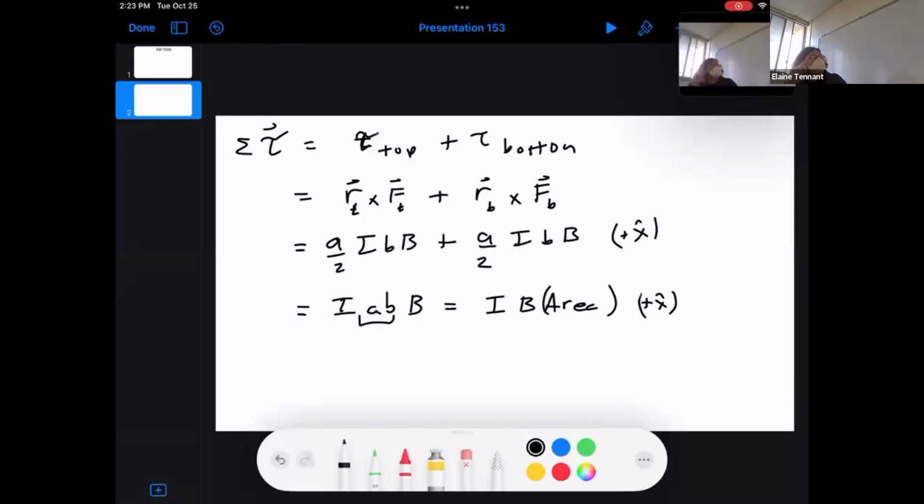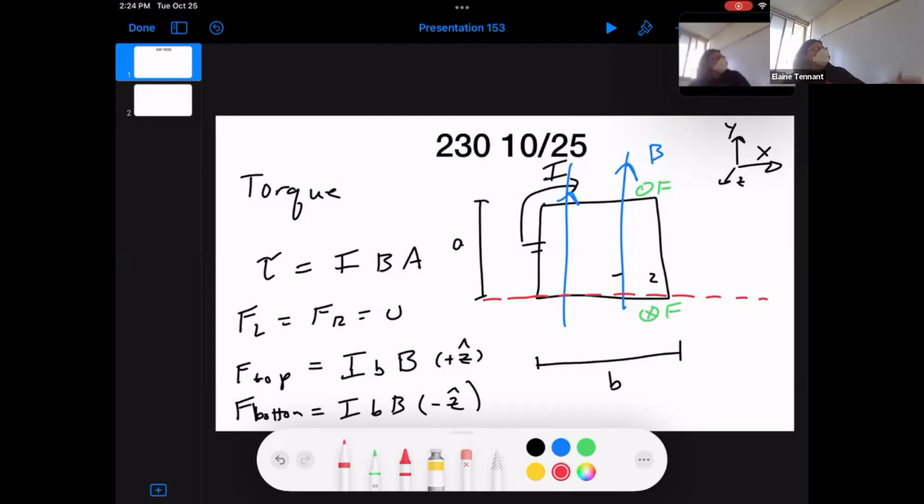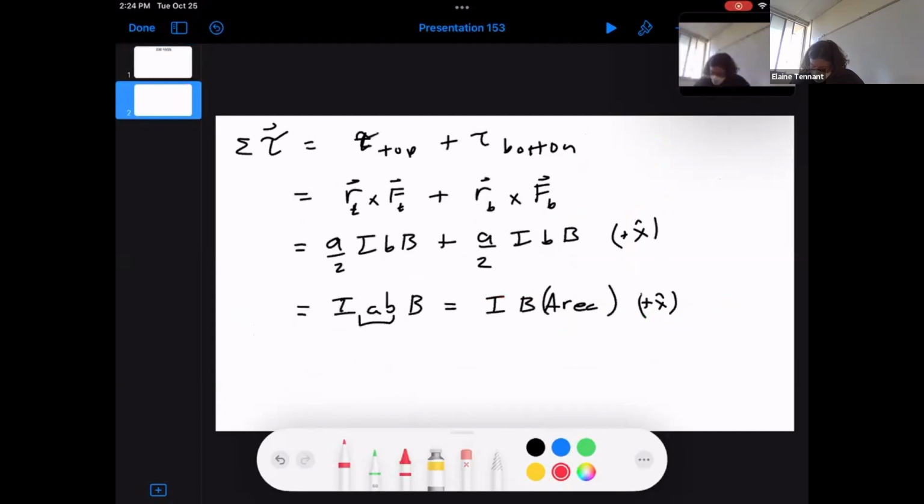Okay, the next thing I want to look at, and this one we're going to do pretty quickly, is what would happen if instead of putting our axis right there in the center, we had put our axis right there. We're still spinning, but now let's go through our torques and see what we would get.